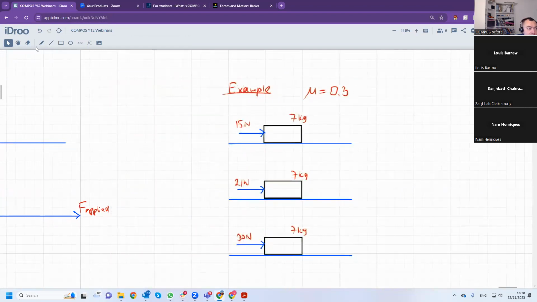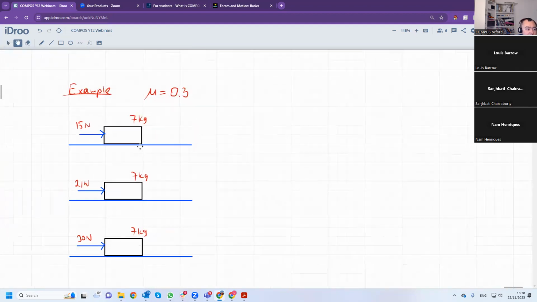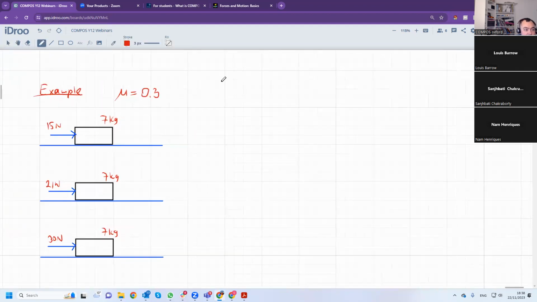Well, first of all, we need to calculate the maximum friction force. It is equal to mu times n, which is mu mg, which is, well, g is 10, come on. Mu mg, which is 21 newtons.